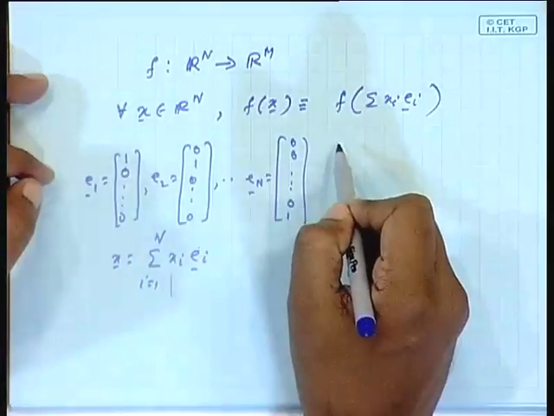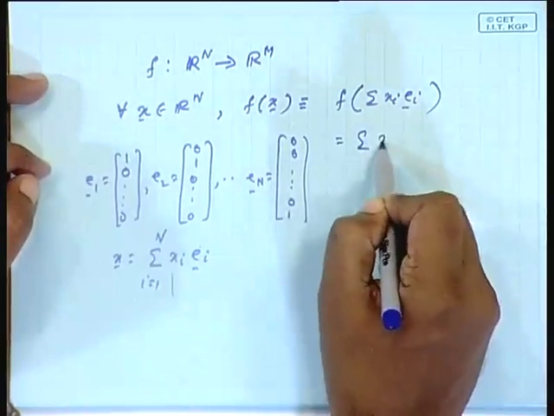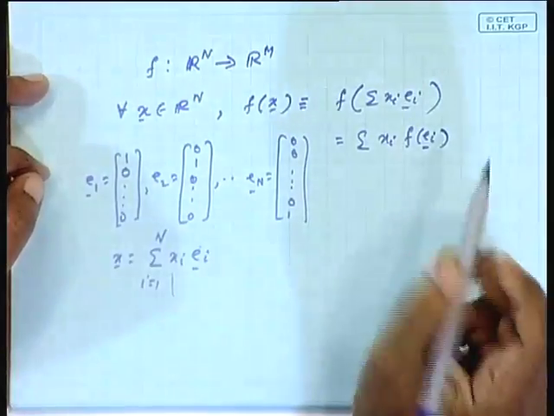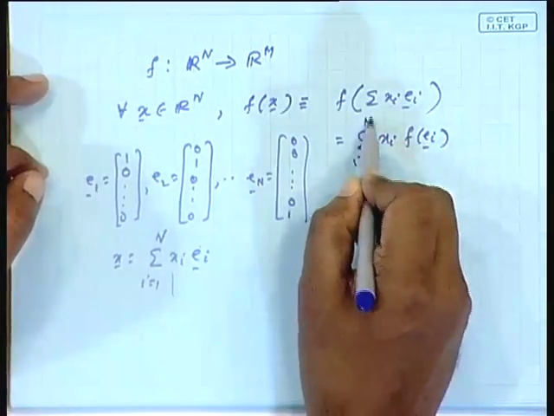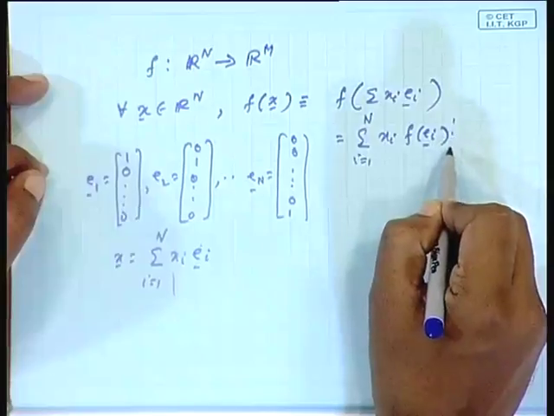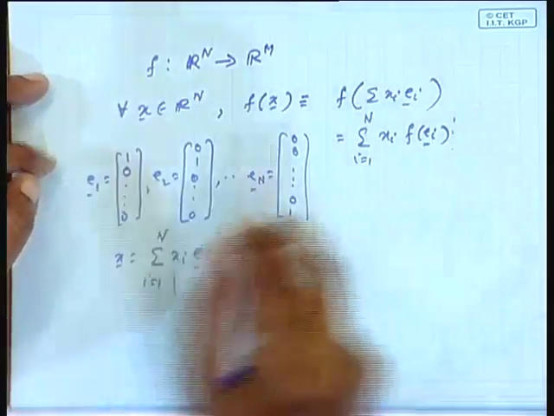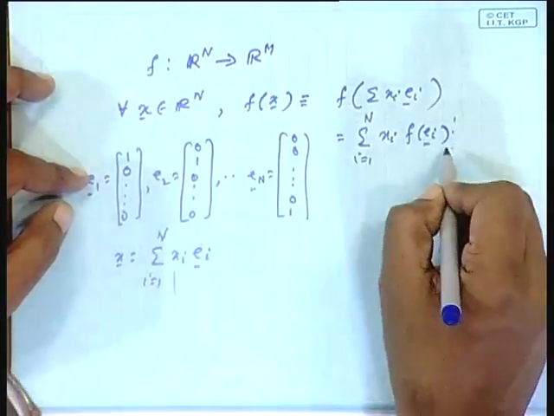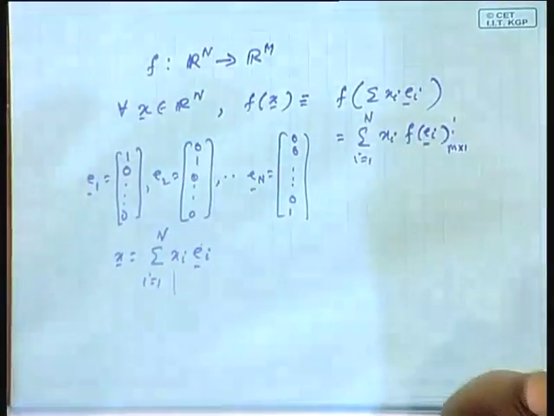and it is linear, and what is Fei? Fei is actually the map of this in the m-dimensional space. So it is basically an m cross 1 vector.